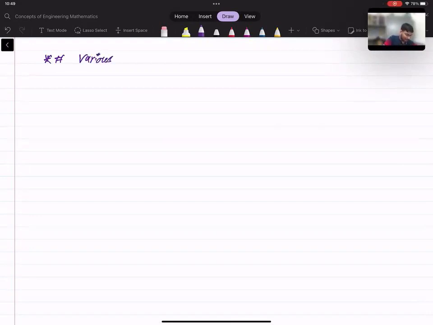So very first one is a row matrix. It is clear from the name that a row matrix will have only a single row, or only one row.